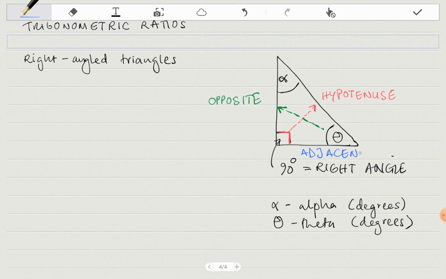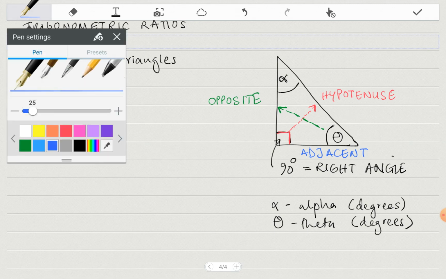It's called the adjacent side. So we've seen that you've got three different side lengths. The one is called the opposite, the one is called the adjacent, and the one is called the hypotenuse.